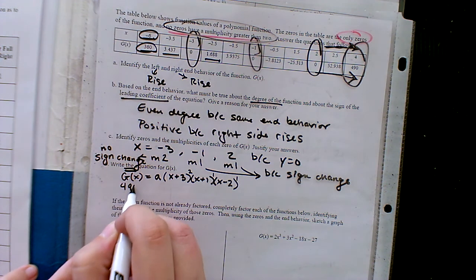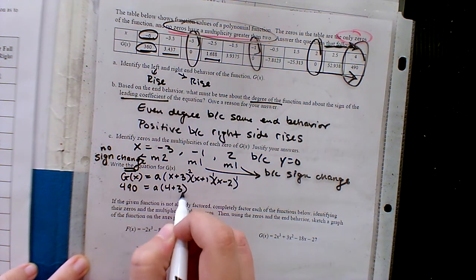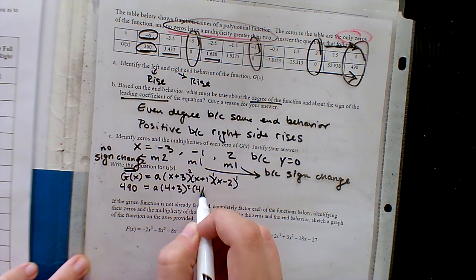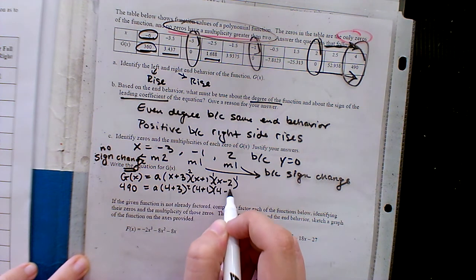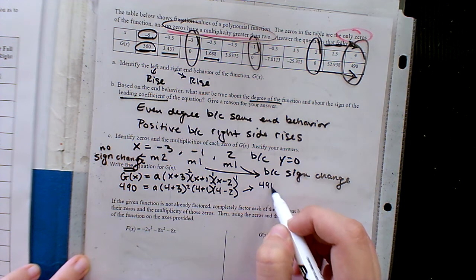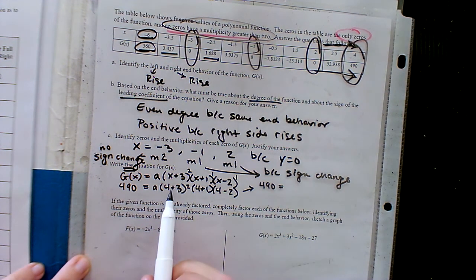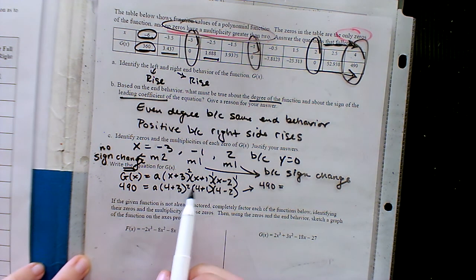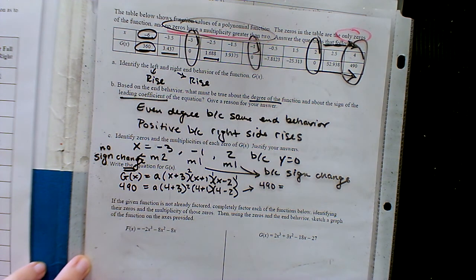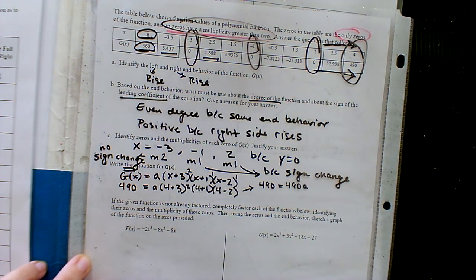Let's plug in 490 for our y value and 4 for the x's. All right, so 7 squared times 5 times 2. 5 times 2 is 10, times 49, 490.